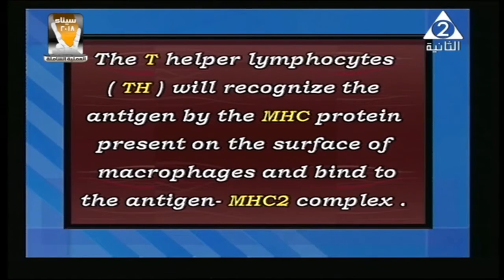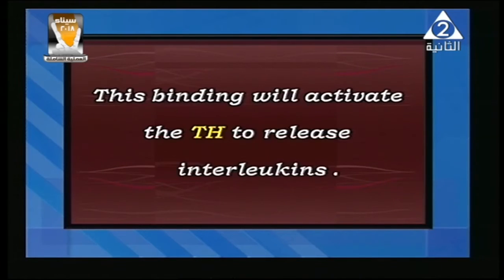After that, the T helper lymphocytes will recognize the antigen by the MHC protein that is present on the surface of the macrophages and bind to the antigen, which is the major histocompatibility complex.